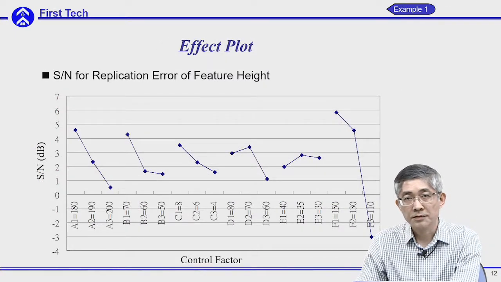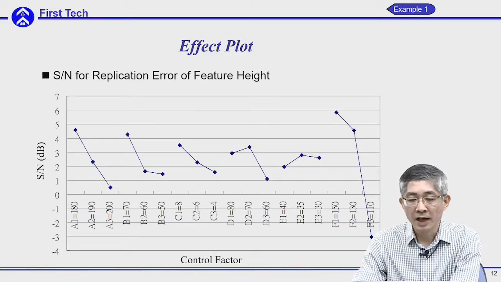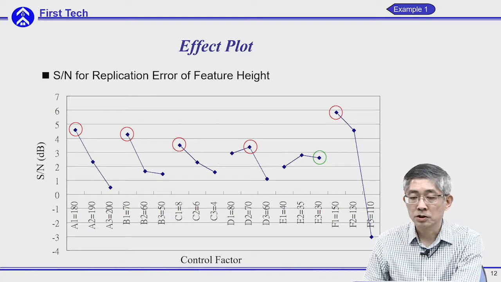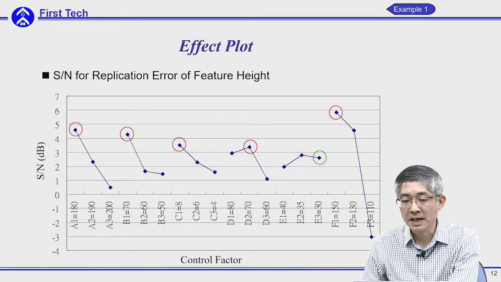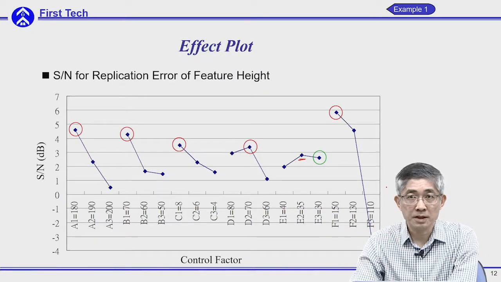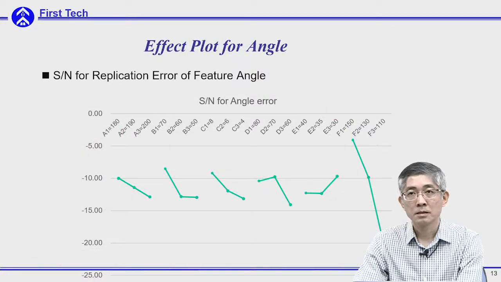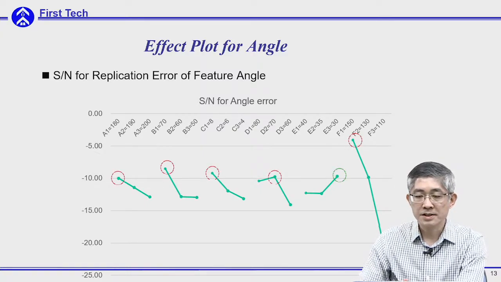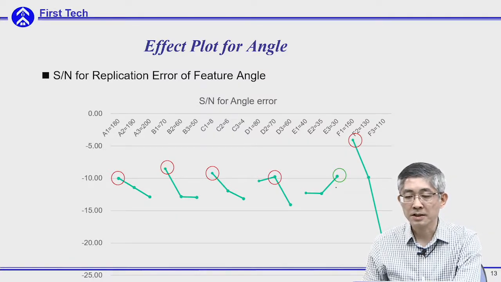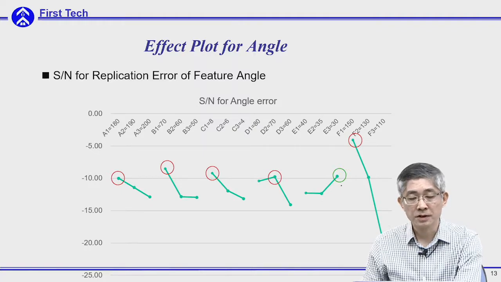This is the effect plot for the feature height. E2 and E3 are not that different. So if you consider the SN ratio of feature height, you might select E2. However, E3 is very similar; the difference is small. But when you look at the effect plot for the feature angle, you will notice that the selections are pretty much the same except factor E. But for factor E, E2 and E3 are very different.